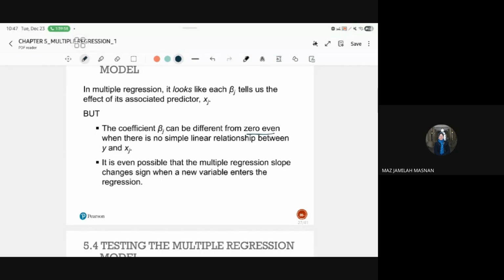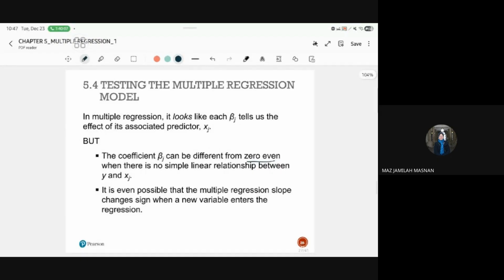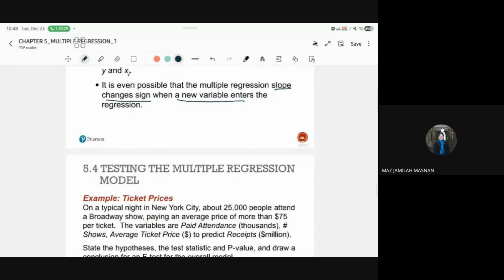The main point here is that when you add a new variable into your model, the slope may change in sign. It will be based on how the variables included in the model interact with each other in terms of predicting y, the dependent variable.